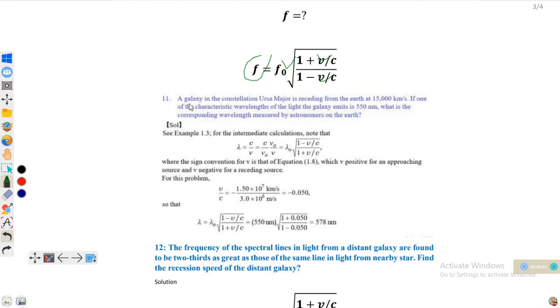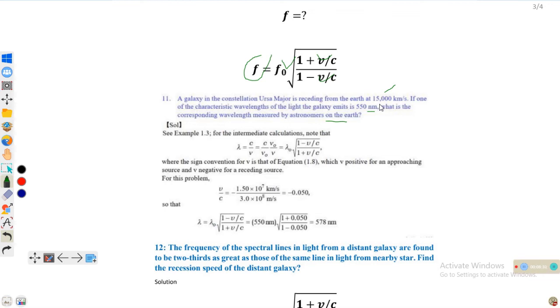Similarly, question number 11. A galaxy in the constellation Ursa Major is receding from the Earth at this speed. If one of the characteristic wavelengths of the light the galaxy emits is this, what is the corresponding wavelength measured by an astronomer on the Earth? We are given the wavelength in the moving frame, and we have to find the wavelength from the rest frame.